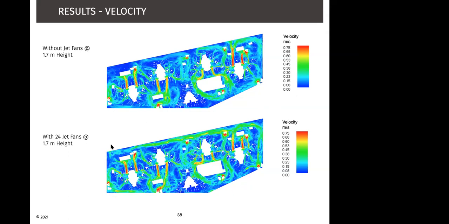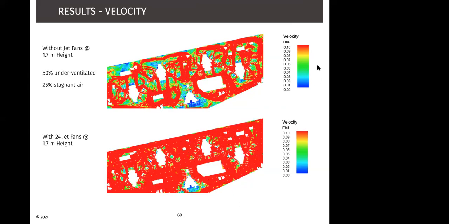Now, the placement of jet fans is also very critical. You want to maintain the airflow path so that you're utilizing the natural airflow path. You want to place the jet fans in a manner that they are not contradicting with the natural airflow path. Otherwise, the effect of the jet fans would nullify. And you want to move the air optimally around the system.